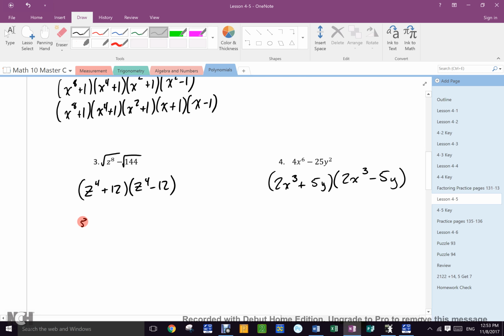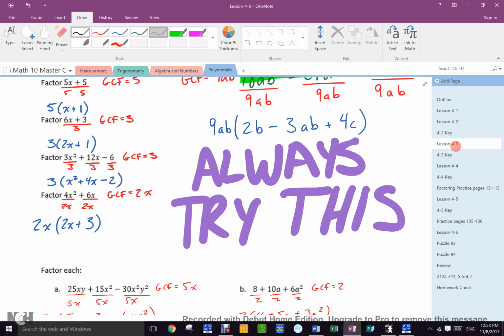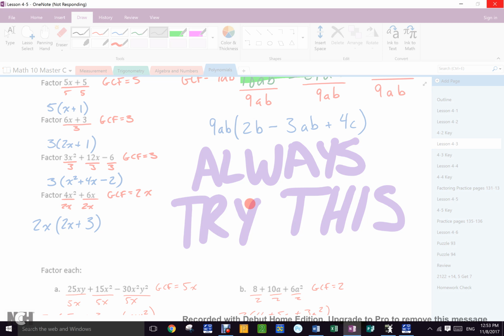This is going to be number 5. X cubed minus 9x. Yeah. Good idea. Always try this.